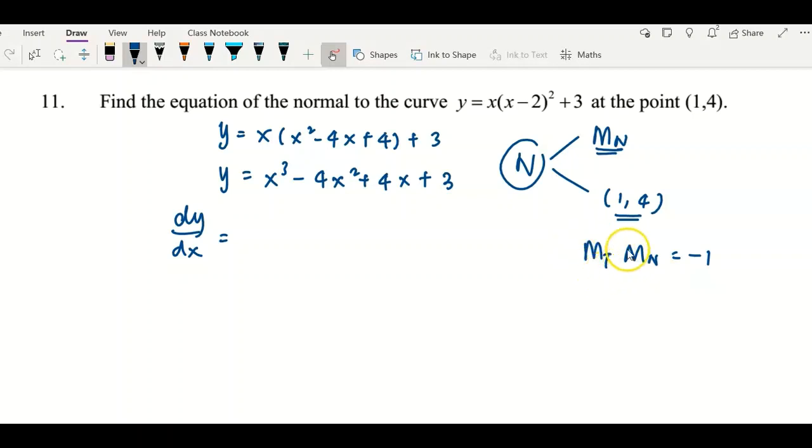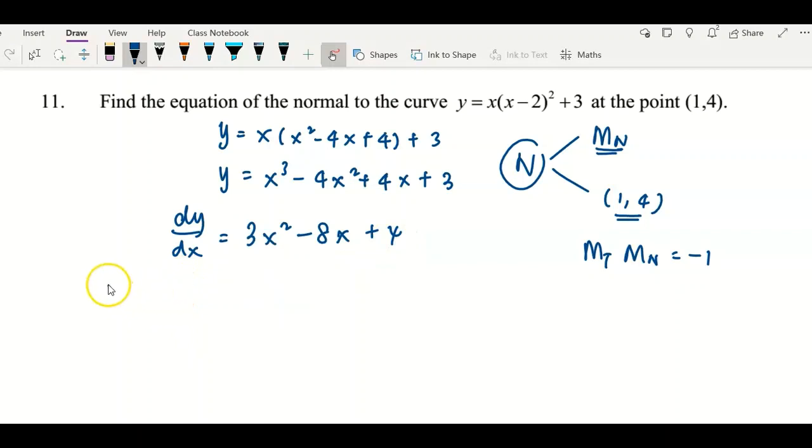I can get the gradient of the tangent by finding dy/dx and then substituting x equals 1 into my dy/dx. Then we can solve for the gradient of the normal using this equation. To get the gradient of the tangent, I need to find dy/dx first, which is 3x squared minus 8x plus 4.